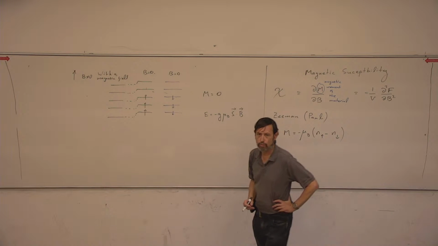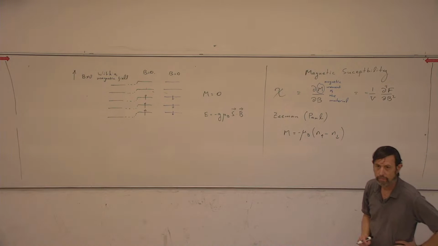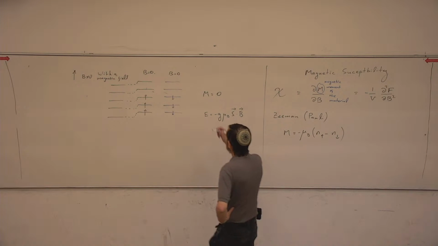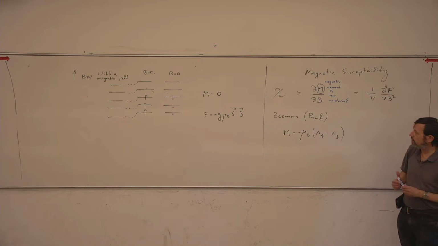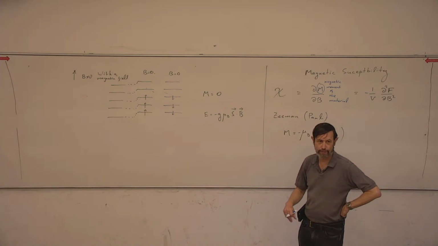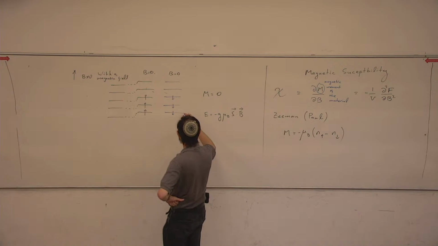So these went down in energy. On the other hand, those which are in the opposite direction go up in energy.